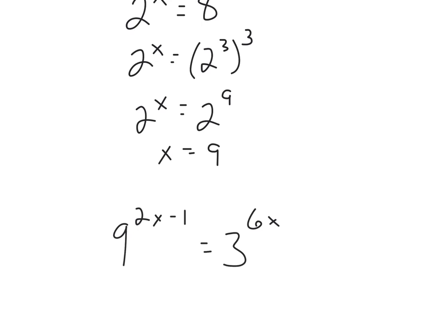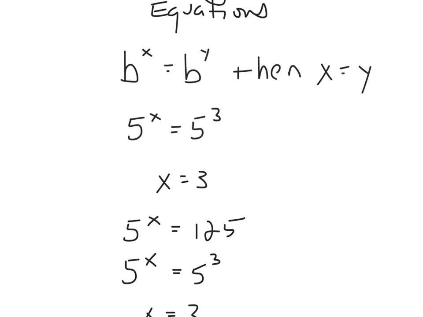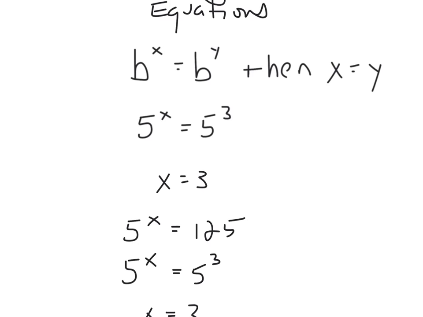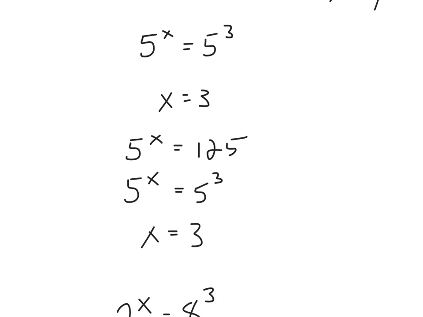And remember what we've been playing with here, right? We started with this first statement where I had 5 to the power of x equals 5 to the power of 3. And then we came down here and we had 5 to the power of x equals 125, and we had to change the 125.